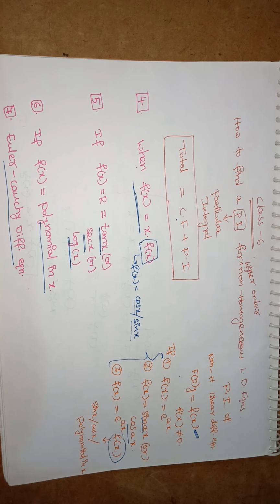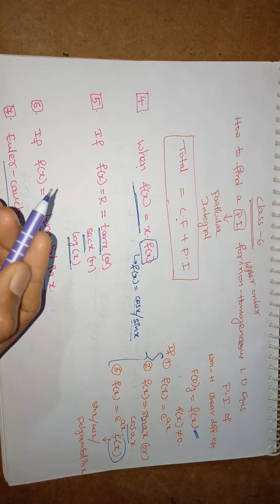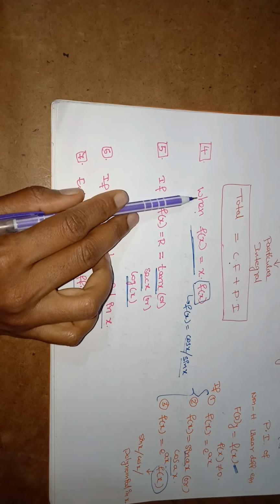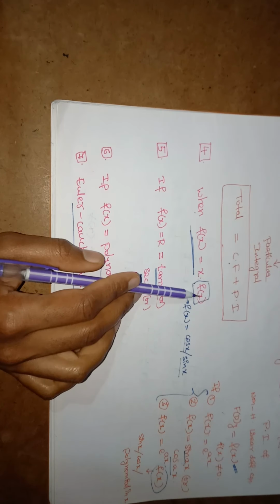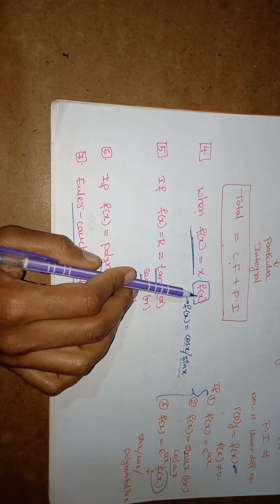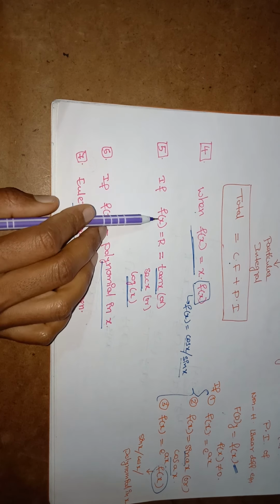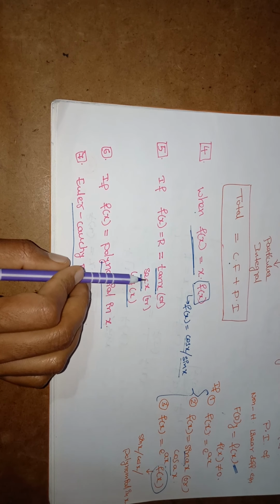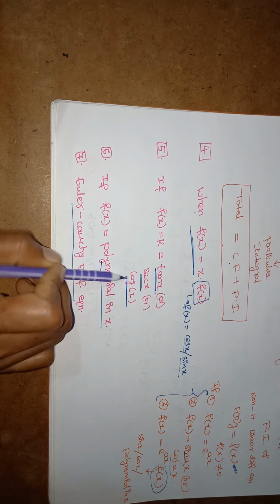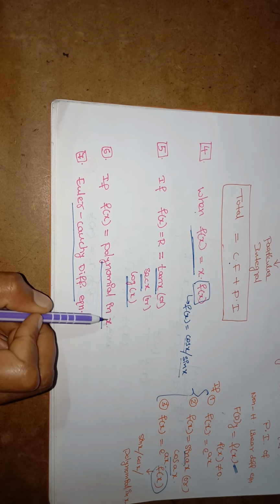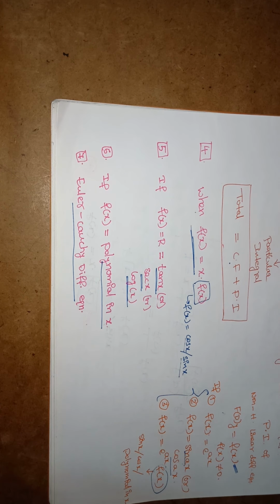In today's class we will find a few more methods: when f(x) is equal to x into f(x), where this f(x) is cos x or sin x; when f(x) is equal to tan x, sec x or log x; when f(x) is a polynomial in x; and the Euler-Cauchy differential equations.